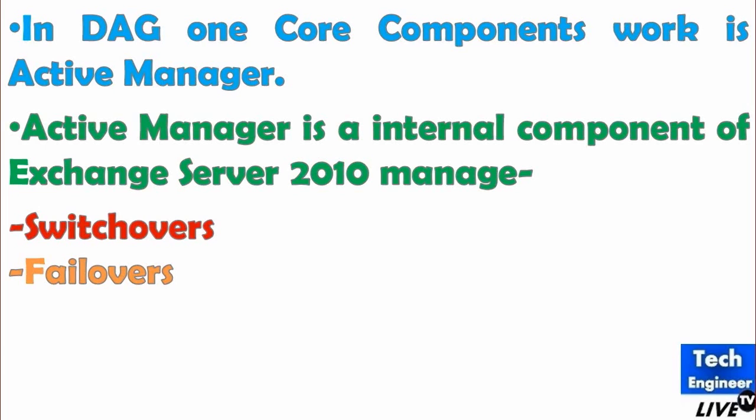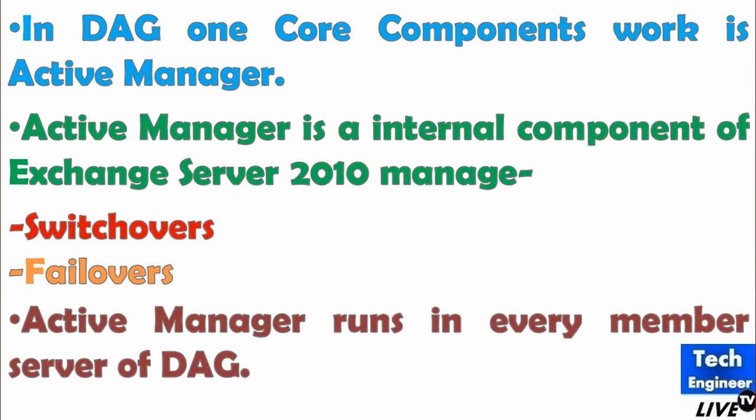Also, if a failover happens and the primary mailbox gets suspended, it identifies the failover and can easily switch to the secondary mailbox. Active Manager runs on every member server of the DAG.